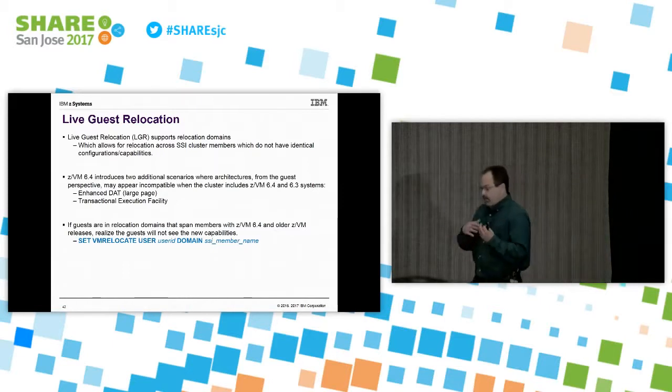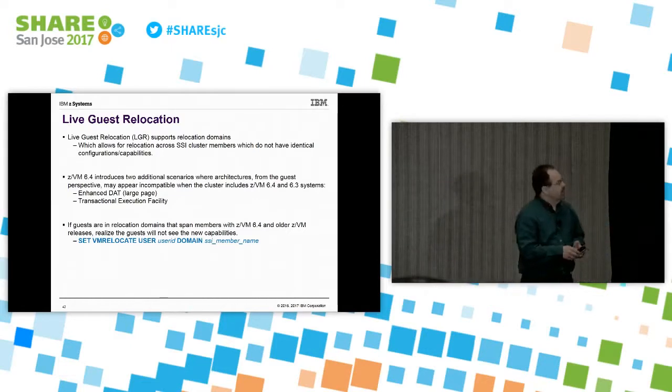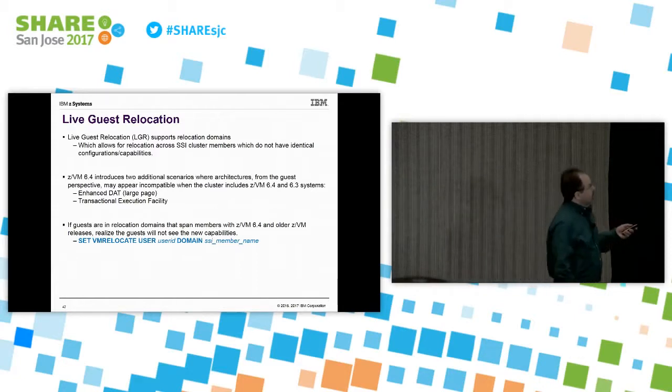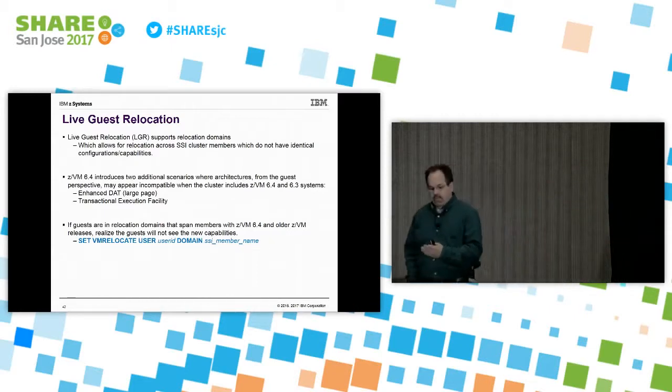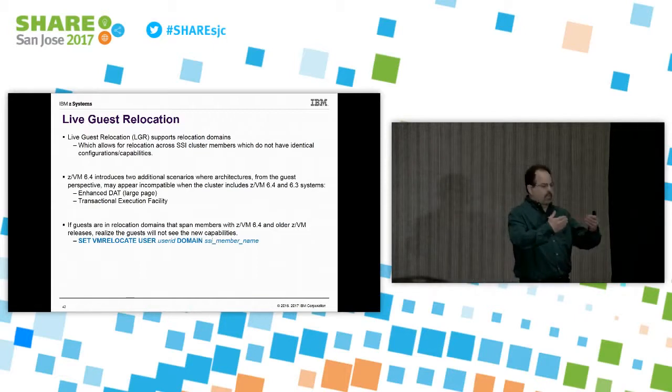So you can define relocation domains for a lot of reasons. We can go into a lot more detail on that. But the key here is in 6.4, there are some new facilities, and if you have a 6.4 and a 6.3 system in a relocation domain, they'll be incompatible.